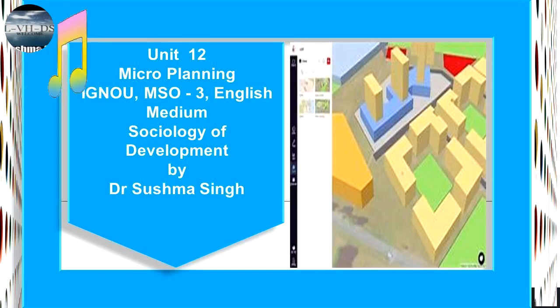Therefore, location of specific socio-economic activities and their interlinkage over a region or particular geographical area are the major concerns of micro-level planning.